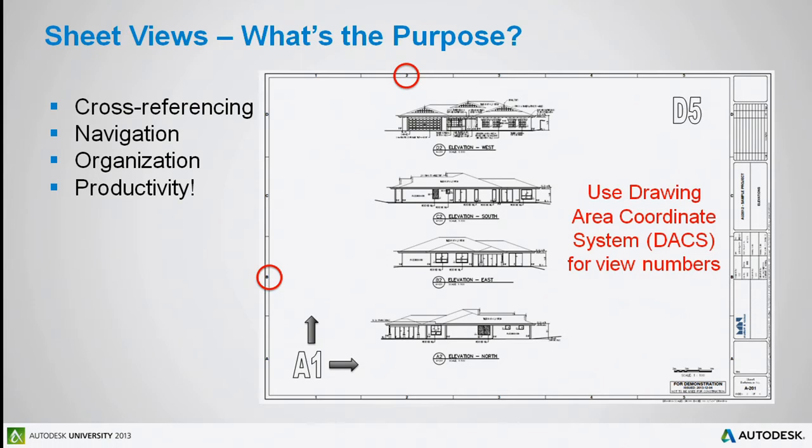So when you number your views, one of the questions was with respect to view numbering. Your question implied that you're just using a straight-up numbering system for your views? Sheet numbers or view numbers?